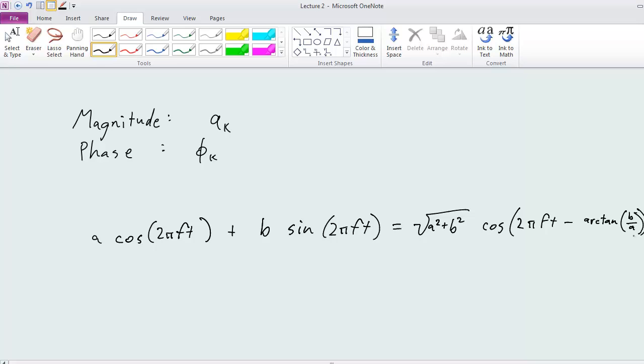So a single cosine with a phase shift can be written as a sum of a cosine and a sine with no phase shifts.